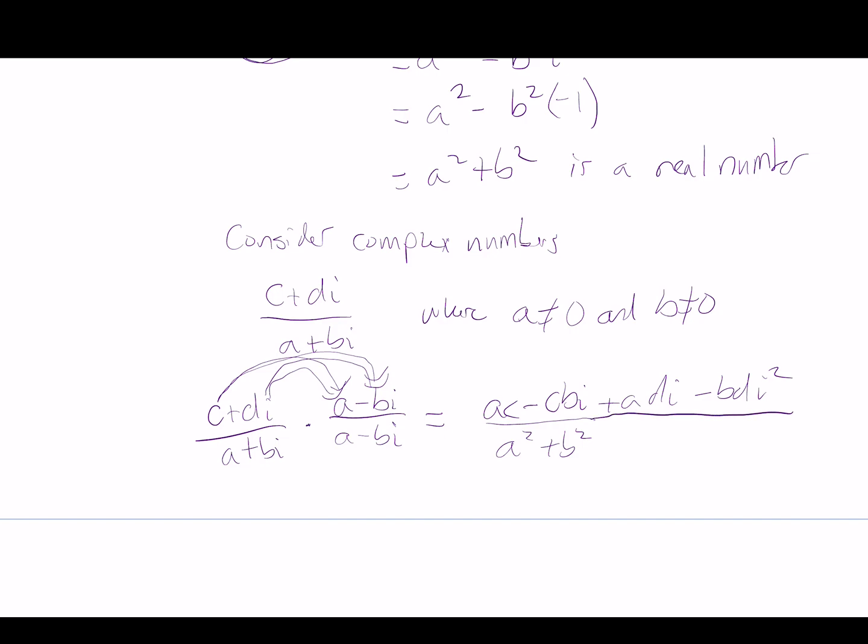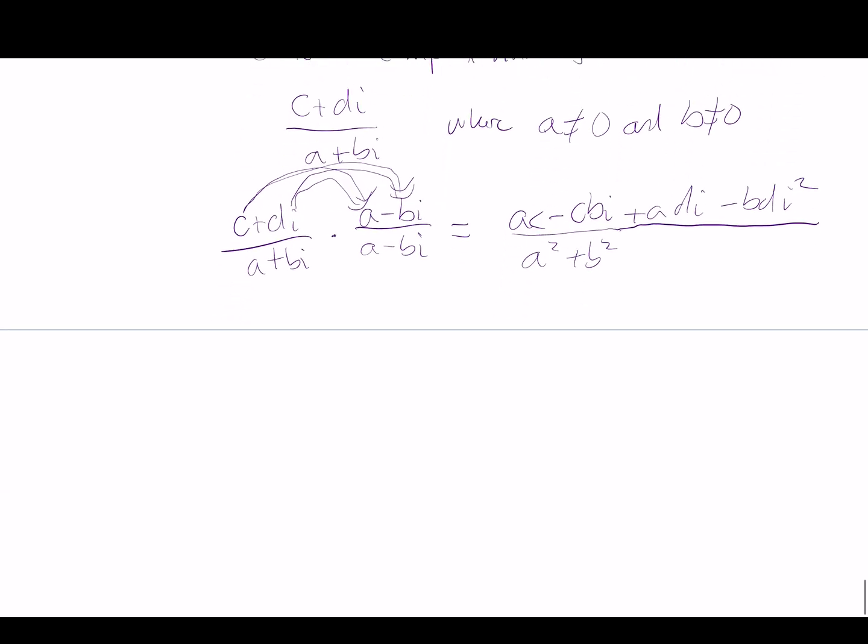Okay? And then remember that i squared is just equal to negative 1, so we can rewrite this as ac minus cbi plus adi minus bd times negative 1, all over a squared plus b squared.